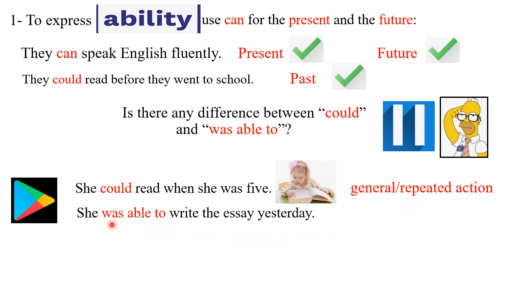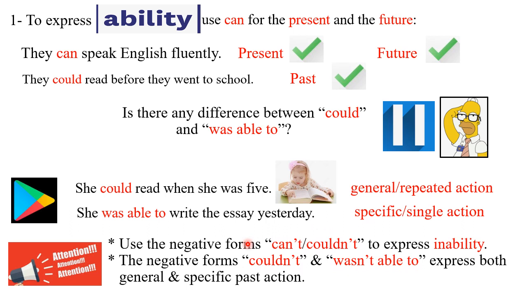She was able to write the essay yesterday. Now, what is the difference between the two sentences? You have already known that the first sentence expresses general and repeated action. So how about the next one? The next one expresses specific and a single action.